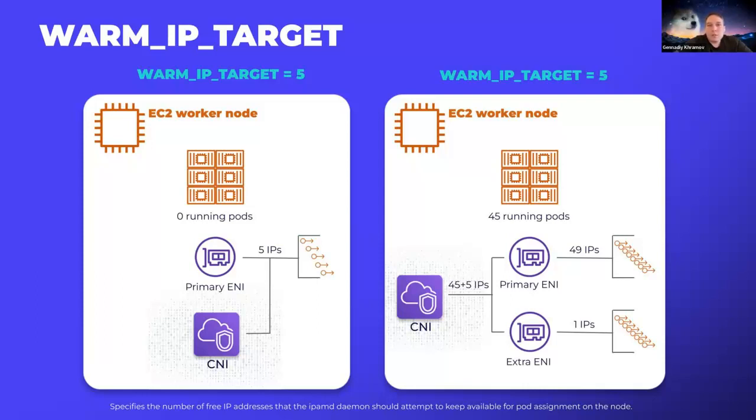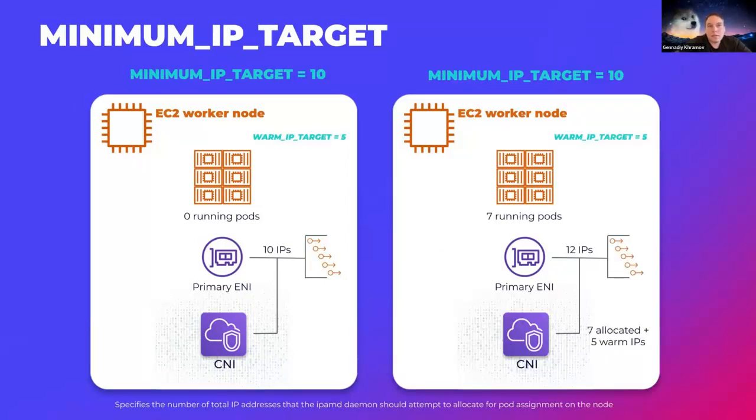AWS recommends setting MINIMUM_IP_TARGET when using WARM_IP_TARGET, and this is our last parameter. It specifies the number of total IP addresses that the IPAM daemon should attempt to allocate for pod assignment on the node. It's like a bottom floor for how many IPs to keep around on one node.